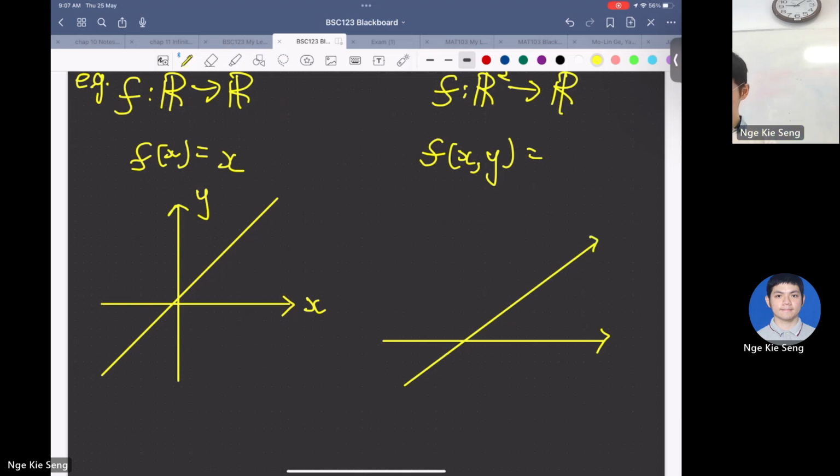Let me think. f(x) equal to xy. Let me see, do I have an example or not.